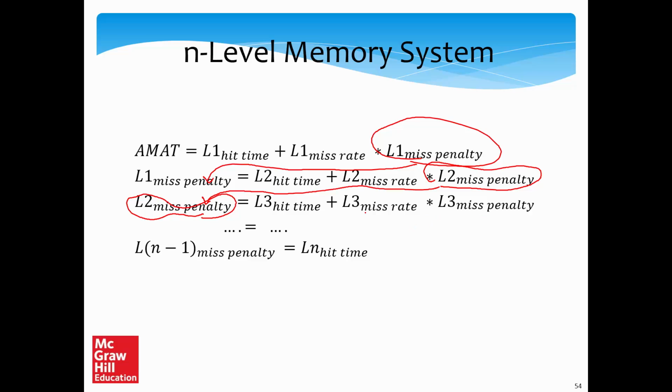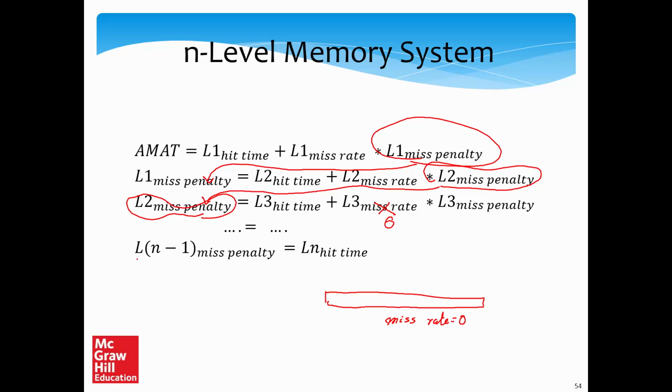If we have n levels in the memory hierarchy, n levels of caches, then for the second last level, the Ln minus 1 miss penalty will be the Ln hit time, because we're assuming that the last level of the memory hierarchy contains all the lines and as a result its miss rate is 0. This is the main memory that we have been talking about. Its miss rate is 0, so this miss rate quantity becomes 0.